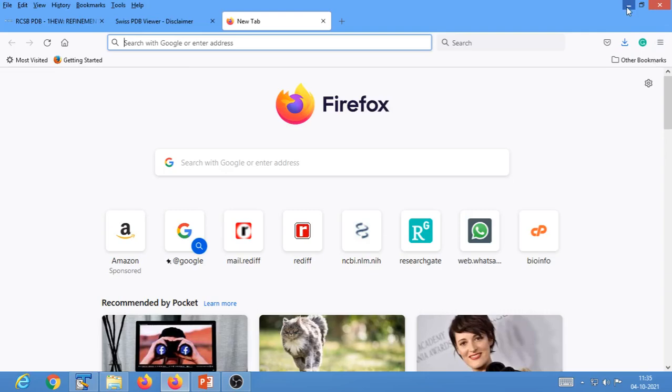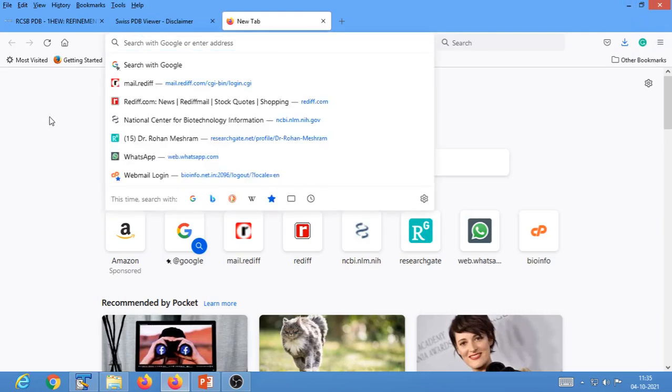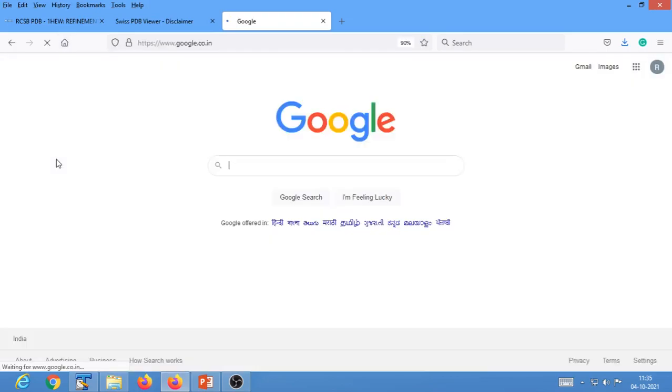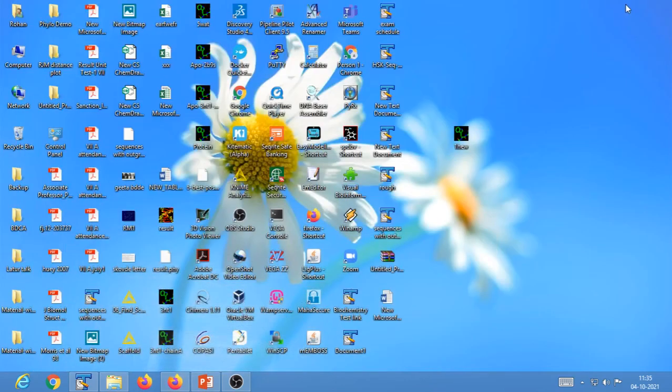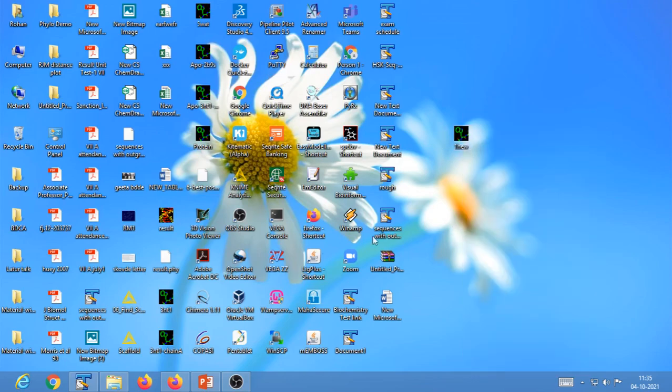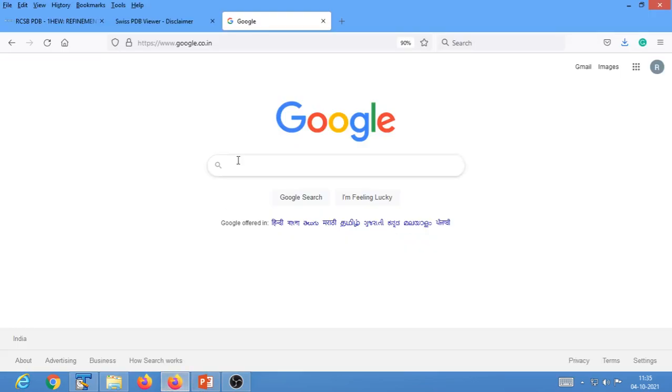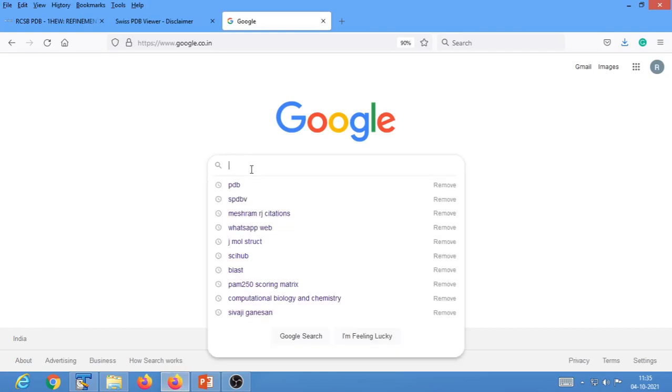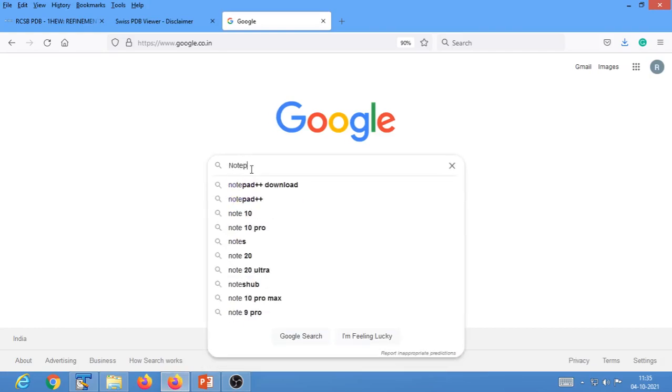There are many text editors available. For my purpose, I am going to use a text editor called TextPad. But I'm not sure if TextPad is free software. So you can use one of the other text editors like Notepad++.